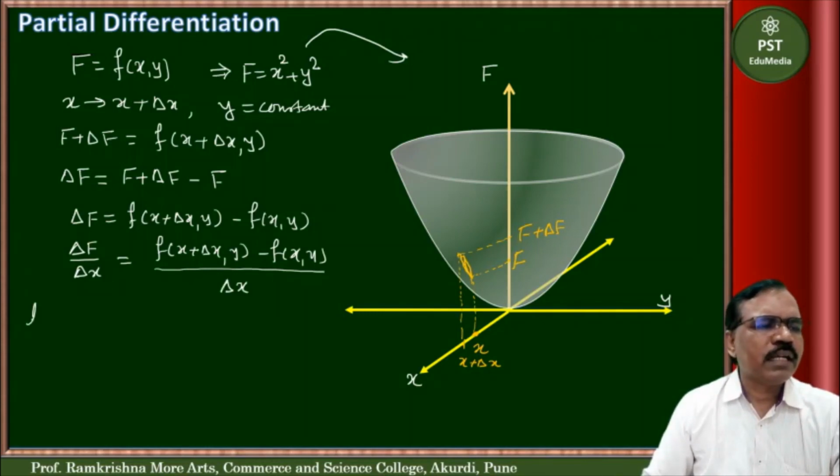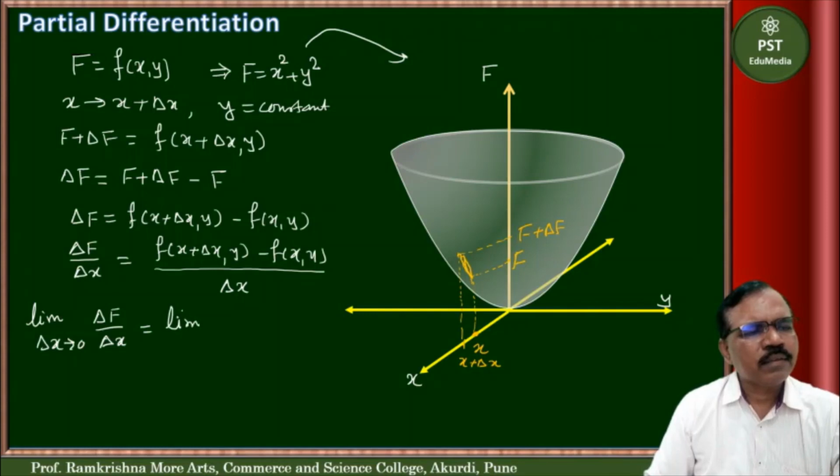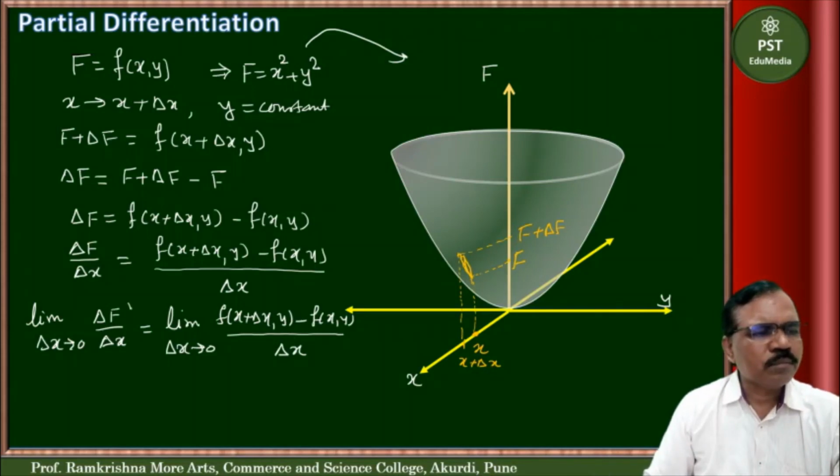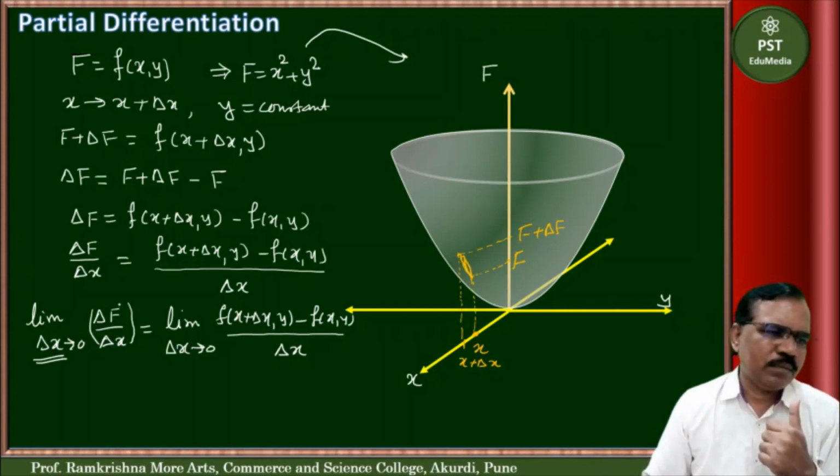And suppose we take limit delta x tends to 0 of delta f upon delta x. This is equal to limit delta x tends to 0 of f of x plus delta x comma y minus f of xy divided by delta x. And now this term for delta x tending to 0 is a differential term.